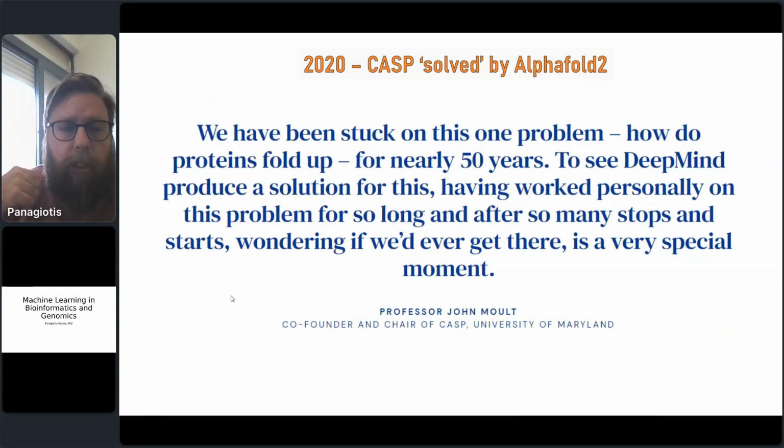And of course, it's free compared to an experimental technique that could take months and possibly thousands or tens of thousands of dollars to get a structure. You can now do it in a few minutes on your computer.